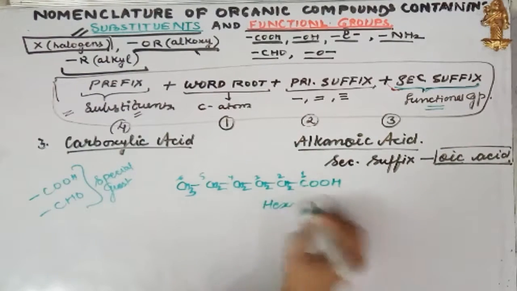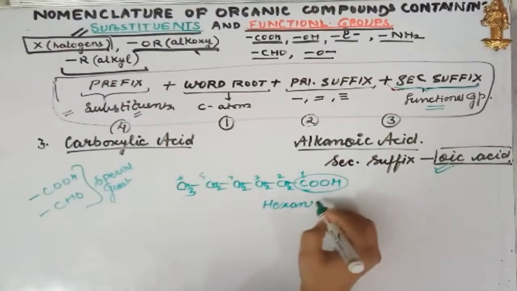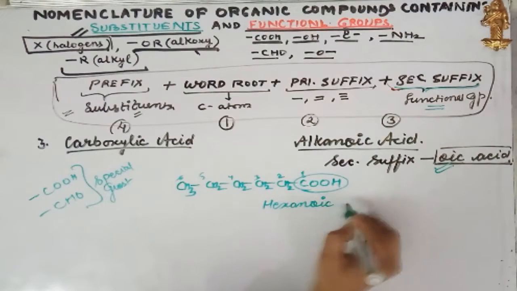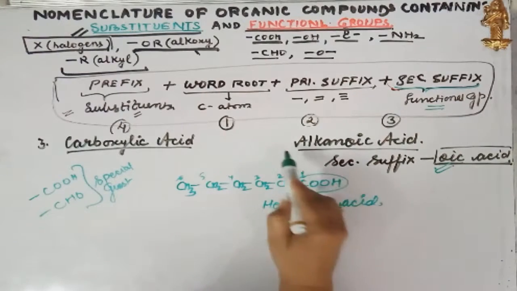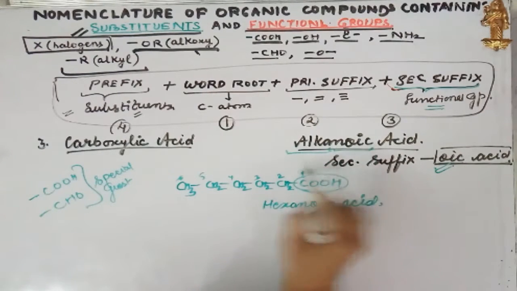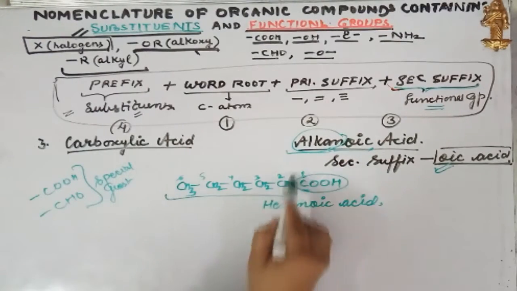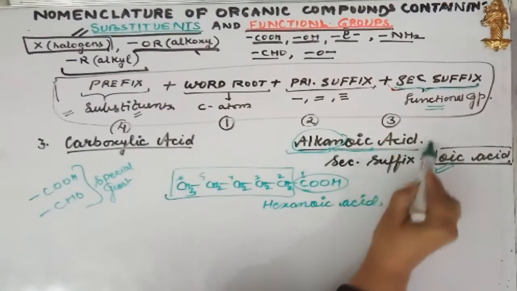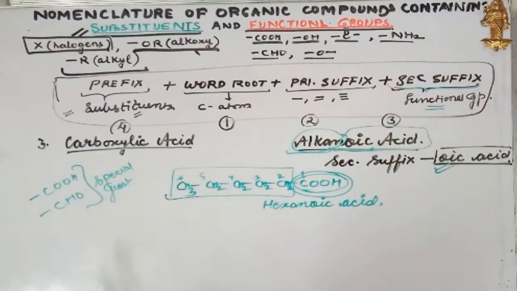Because there is no double bond, it is "ane". If it is a COOH group, the secondary suffix used will be "oic acid", so it becomes hexanoic acid. So they are alkanoic acids. The alkane part indicates the R part of the compound, and the "oic acid" indicates the COOH group of the compound. Hope it is clear to you.